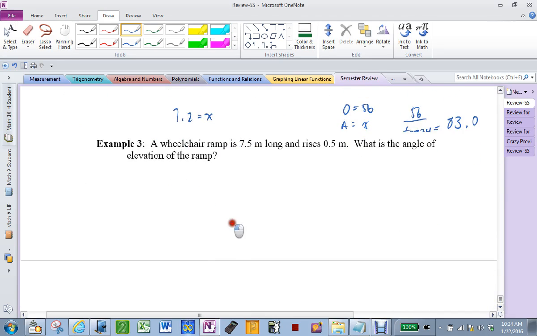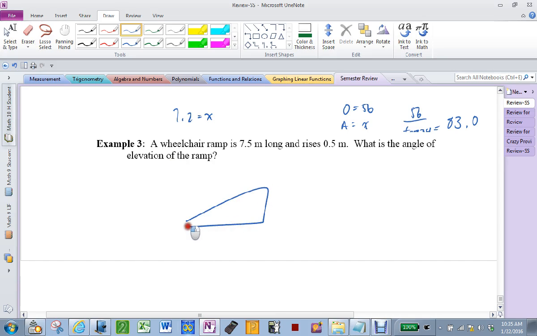And finally, a wheelchair ramp is 7.5 meters long and rises 0.5 meters. What is the angle of elevation? Oh, angle. Oh, trig. What do I need for every trig question? A triangle. So I draw one. Doesn't matter what it looks like.